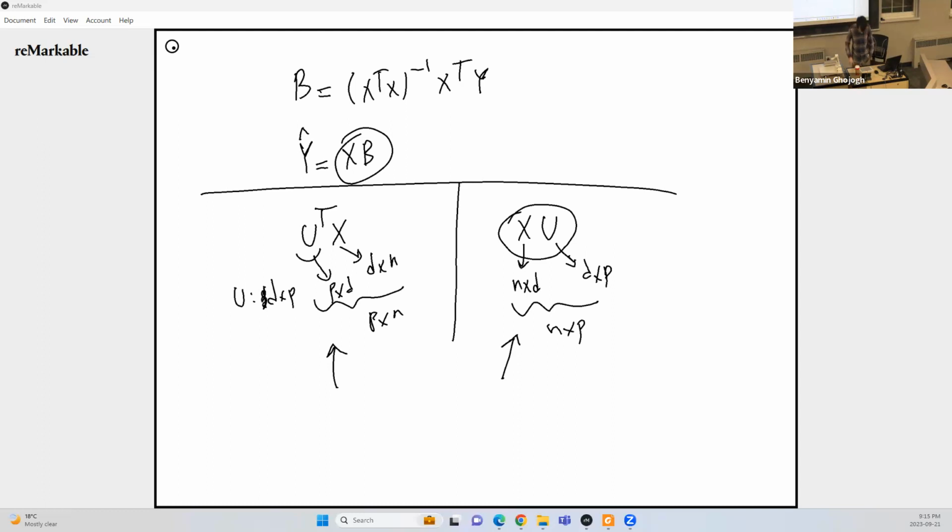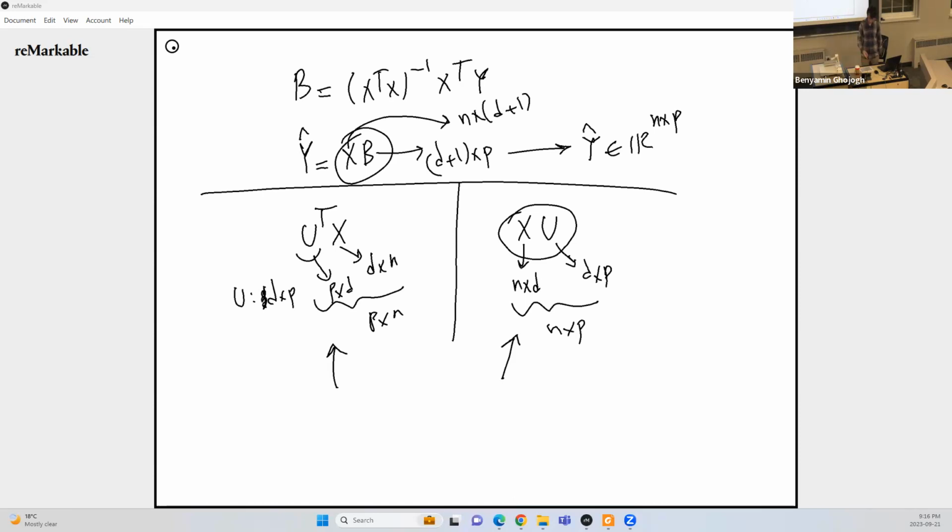Do you agree? What is B here? D plus 1 by P, where P is the dimensionality of the labels. X is N by D plus 1. The whole thing, Y hat, becomes N by P. So basically, you are projecting the data points onto a P-dimensional subspace, where P is the dimensionality of labels.